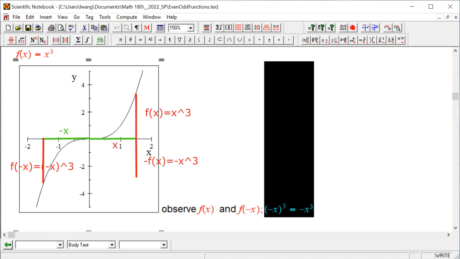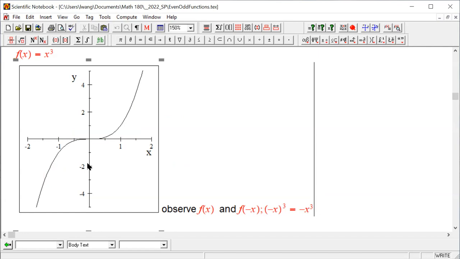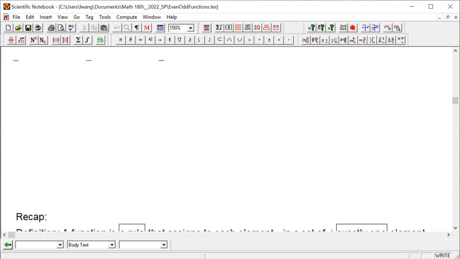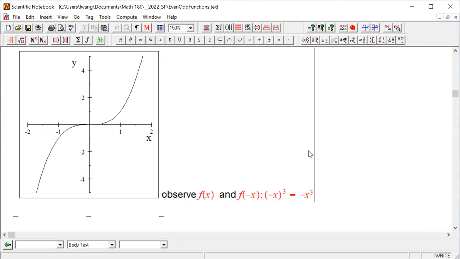Now let me explain from the algebraic perspective. We just explained from the picture, and now algebraically.